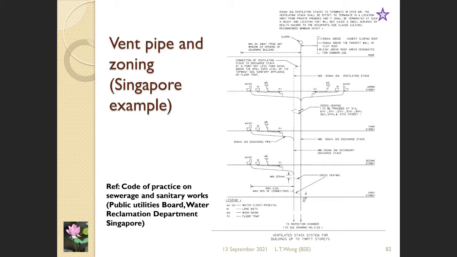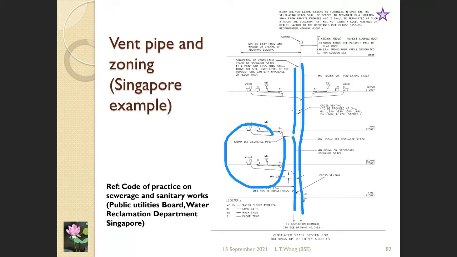But the point is they have a special zoning. Here is a primary stack with a ventilation pipe, but for the lowest two floors, the discharge goes into a separate stack, and that stack is extended to the roof again. This extended part serves as a ventilation pipe for the higher zones stack.